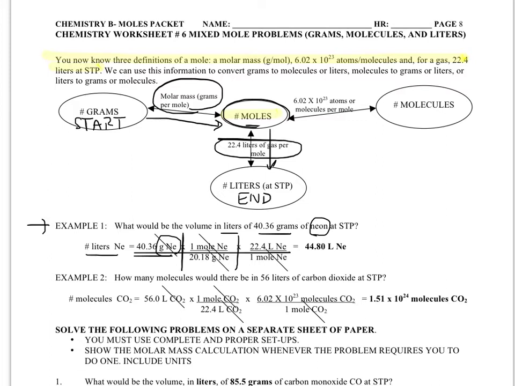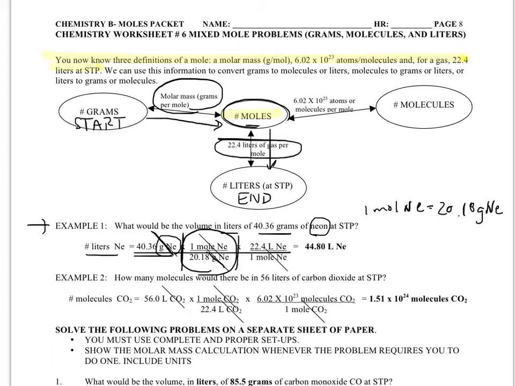Now, if you look at neon, it's just 1 neon atom. So on the periodic table, in neon's square, it says that 1 mole of neon is equal to 20.18 grams of neon. So that's what I'm using in this first fraction here. And I put grams on the bottom so I can cancel out my units.